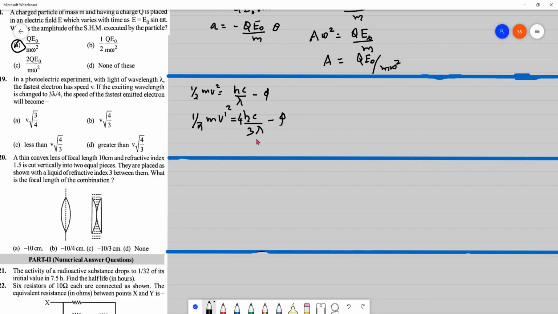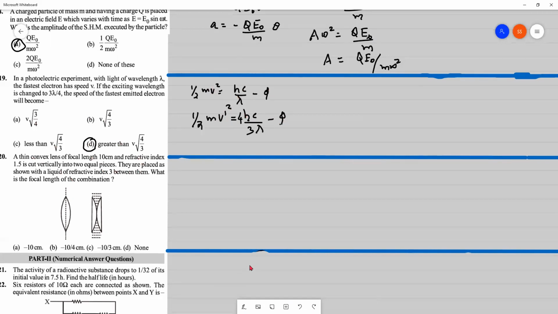So you cannot deduce exactly the value of v dash in this case. You can find v dash only in terms of phi. But it is easily understandable that v dash should be greater than v here. So this cannot be the answer. So this should be the answer in this case.